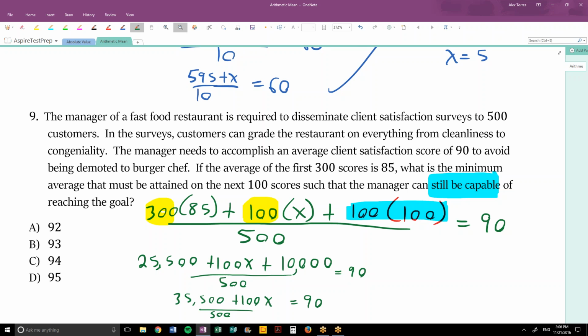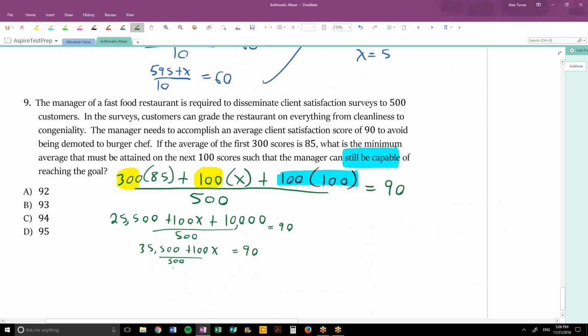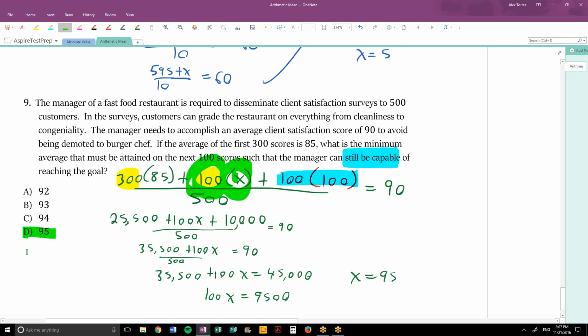Multiplying both sides by 500, you have 35,500 plus 100x equals 45,000. Taking away 35,500 from both sides, 100x gives us 9,500. Dividing by 100, x equals 95. So the 100 scores that they're asking us about have to have an average of 95 in order for it still to be possible to achieve the goal.